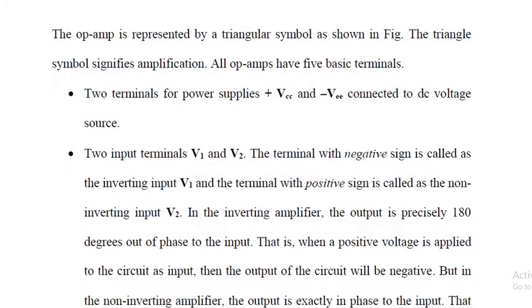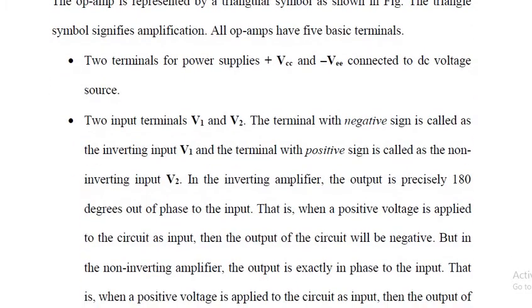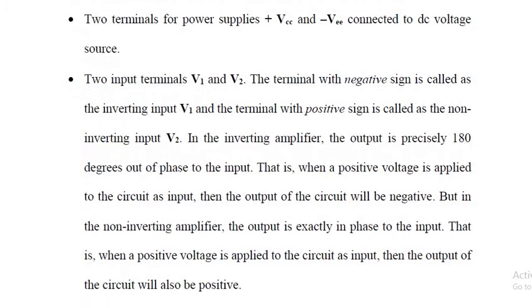But in the non-inverting amplifier, the output is exactly in phase to the input. That is, when a positive voltage is applied to the circuit as input, then the output of the circuit will also be positive.